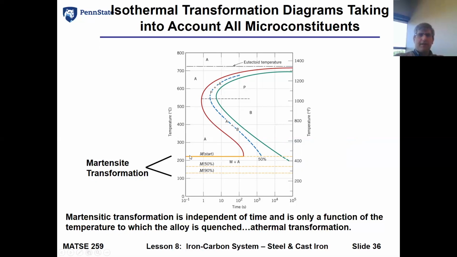And so what we really are interested in is this martensite start and this martensite 90%, or martensite finish, temperature. And so we can imagine that if we go from 930 degrees C to 225 degrees C, in this case for this eutectoid steel, instantaneously we start to form martensite, because this austenite is not transforming to pearlite, it's not transforming to bainite.